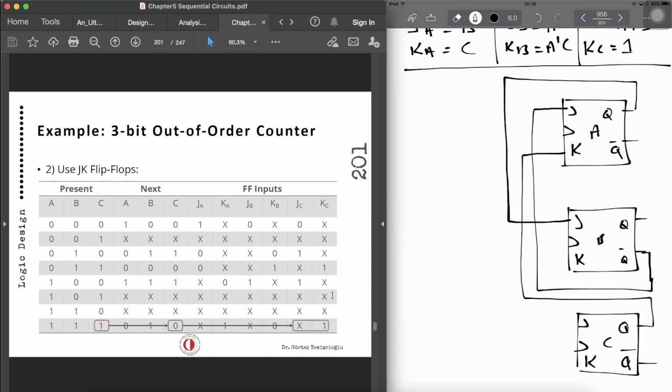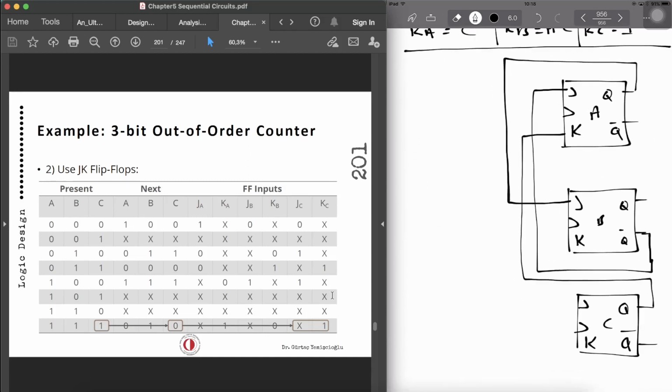Fit it into JB. KB is A prime C, so there's an AND gate: A prime and C, which is this one.